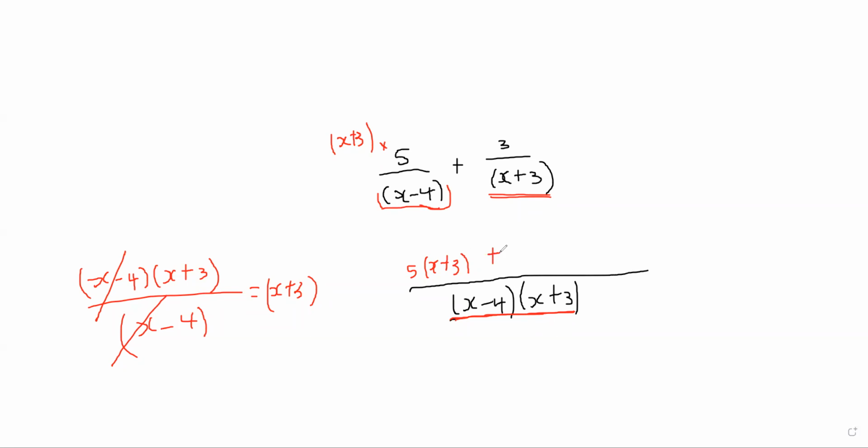Then we do the same thing with this side here. But in this case, instead of using x minus 4 at the bottom, we got to use x plus 3. So it could be divided by x plus 3. And that will give us what? The x plus 3 cancels with this x plus 3. So what we are left with is x minus 4.